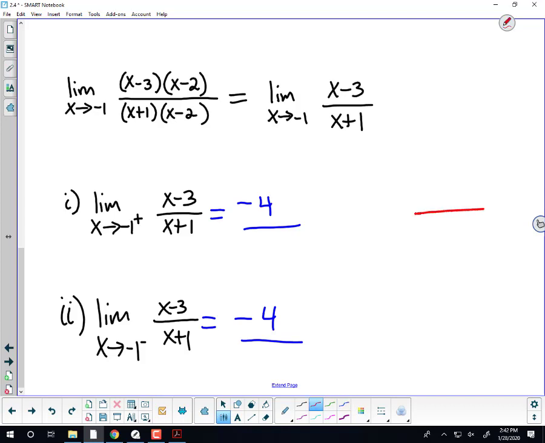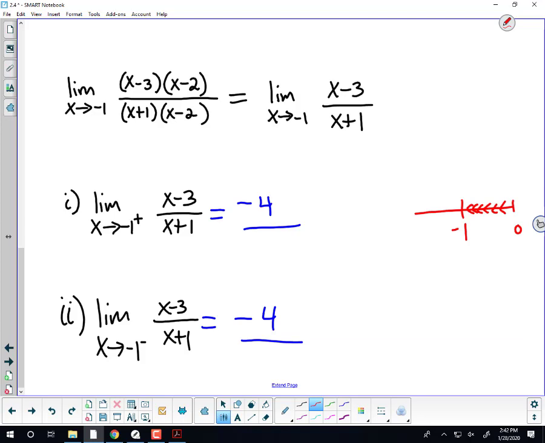So if you have to, just to think about it, just draw it out. Here's -1. I'm approaching -1 from the right. Numbers that are slightly larger than -1 get added to 1. What is our denominator? We know it's going to be 0, but we have to know what values of 0 it is approaching through. Is it positive or negative?